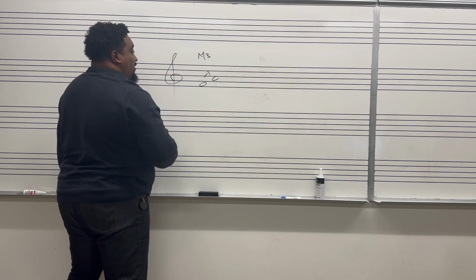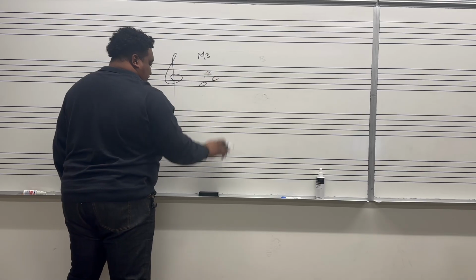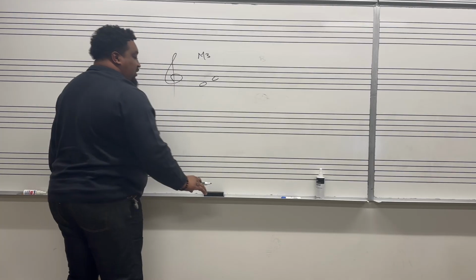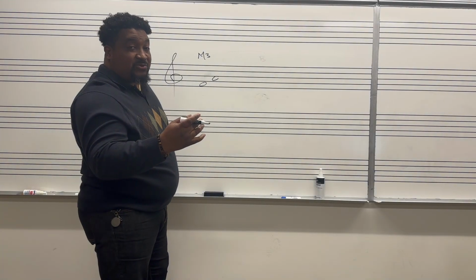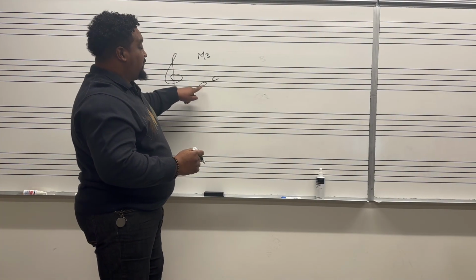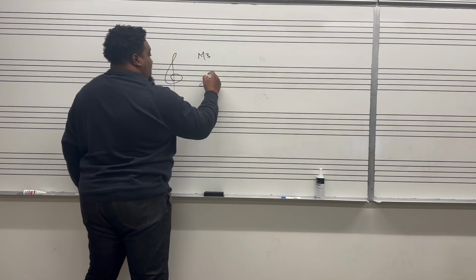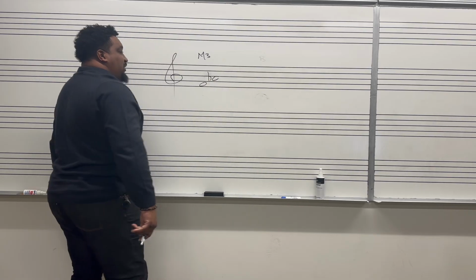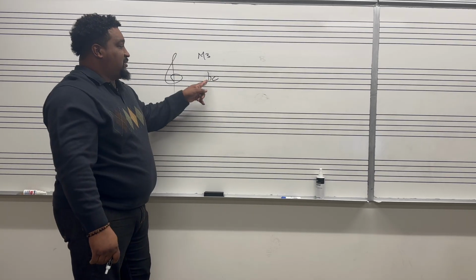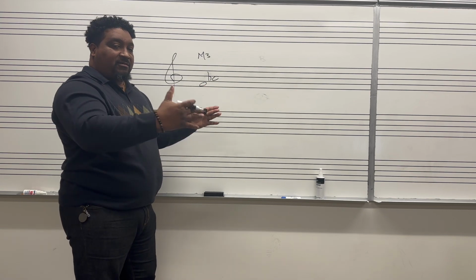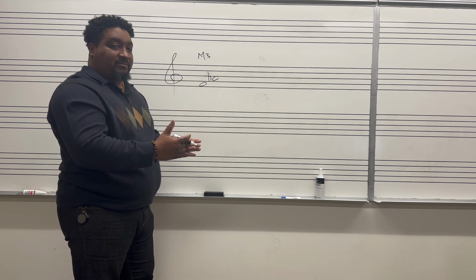It's a major third. If I should put an accidental there on either one, and usually we read an interval from the lowest note, so we read the interval from F to A. If I should put this here, that accidental, which is a flat, is that making the interval bigger or smaller?